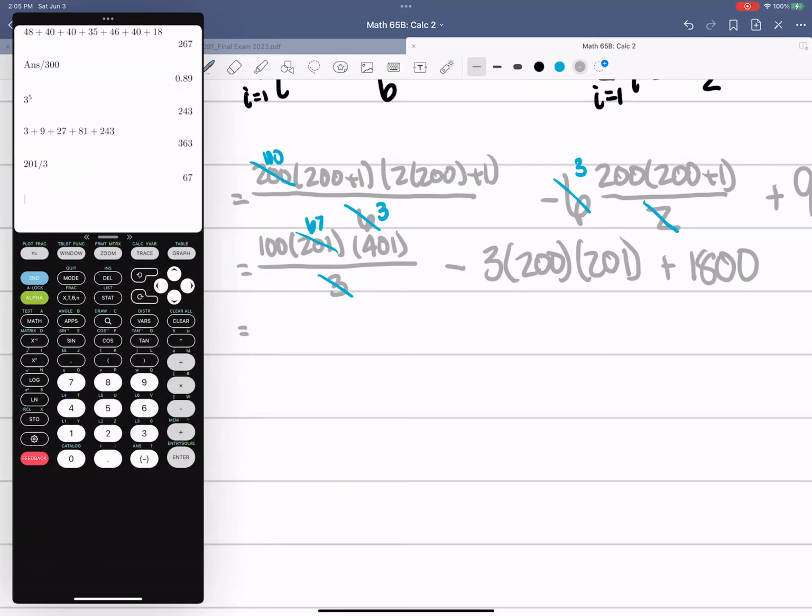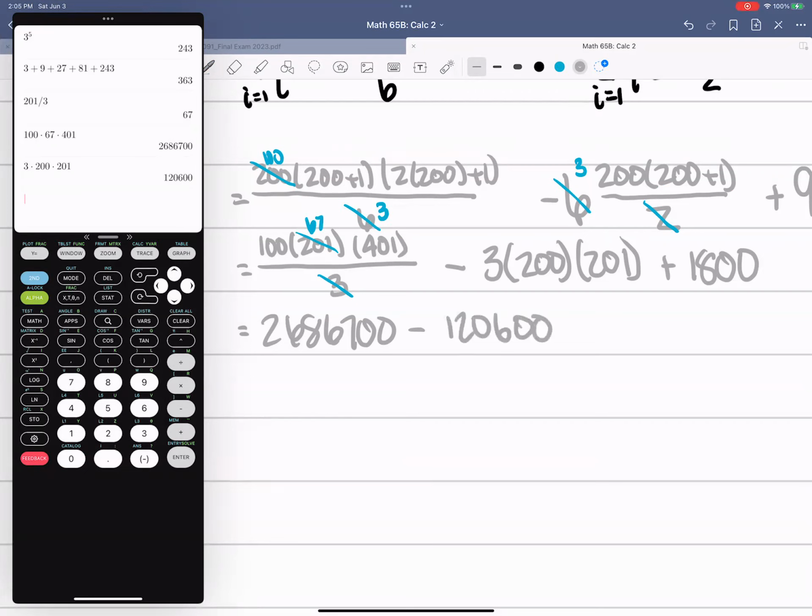So now we have 100 times 67 times 401, 2686700, minus here we have 3 times 200 times 201, 120600, plus 1800. So we have that number minus that number plus 1800.